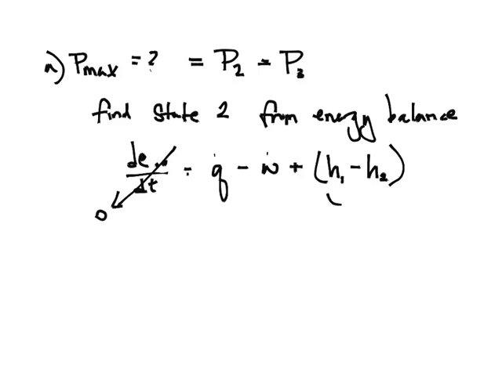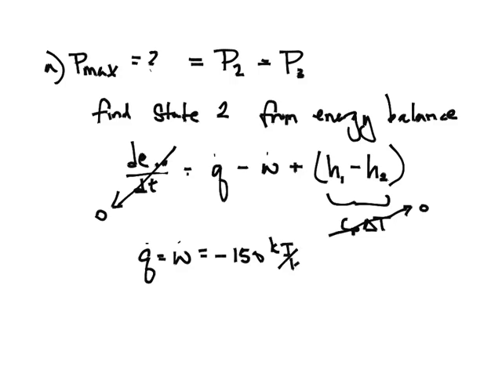And we can rewrite H1 minus H2 as Cp dT, but this is an isothermal process, so this also goes away. So what we're left with is Q dot equals W dot equals negative 150 kilojoules per kilogram.